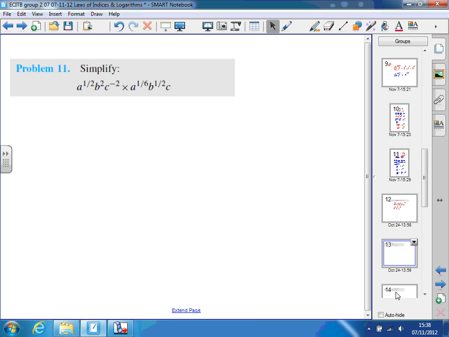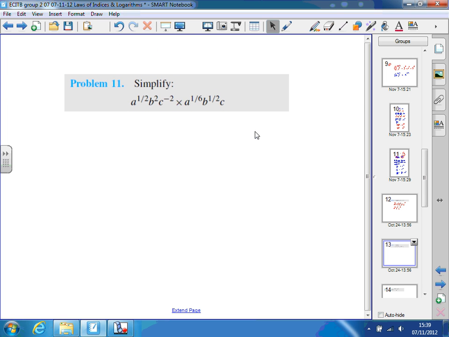Here's another one, a bit further on in the textbook. We know that we can have fractions in the power. We also know we can have negative numbers in the power, because that's how we'd represent an inverse. So if I wanted to simplify that, I need to be able to add and subtract fractions and add and subtract negative numbers.